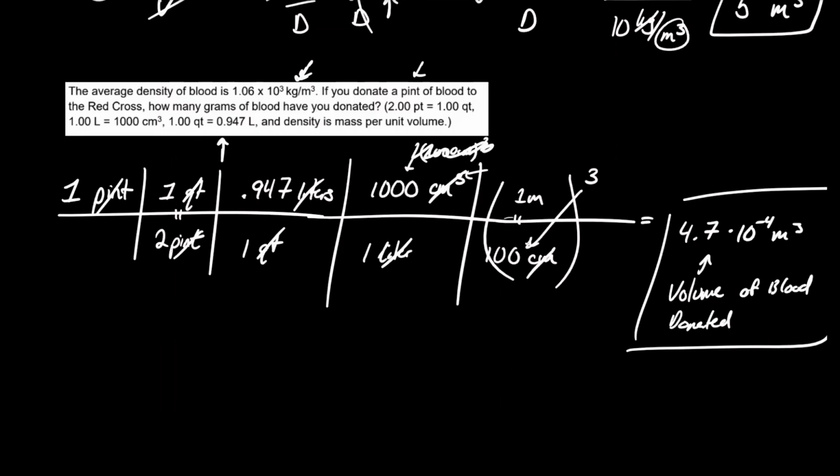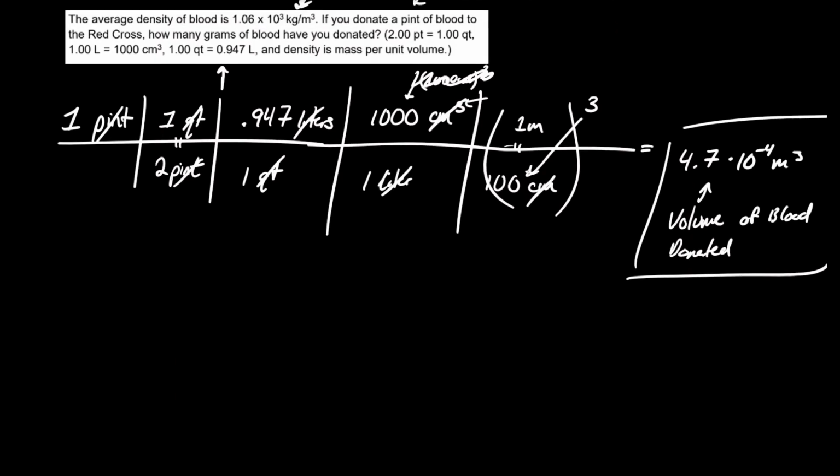Now we want to use the density to convert this volume into a mass of blood. So remember, the governing formula is density is mass over volume. We want to know the mass, so it makes sense to get everything on m's side away. So we multiply by V on both sides to get it away.